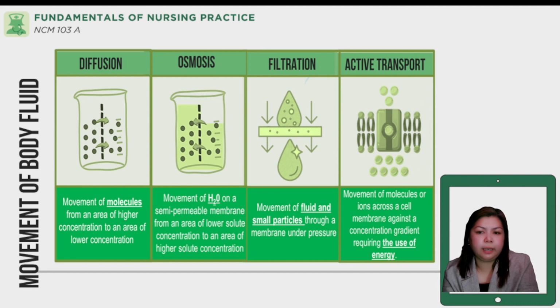And you have active transport. As compared to the three mentioned movements of body fluid, active transport, by the term active, requires the use of energy. This is the movement of molecules or ions across a cell membrane against their concentration gradient, requiring energy in the form of ATP, or adenosine triphosphate.